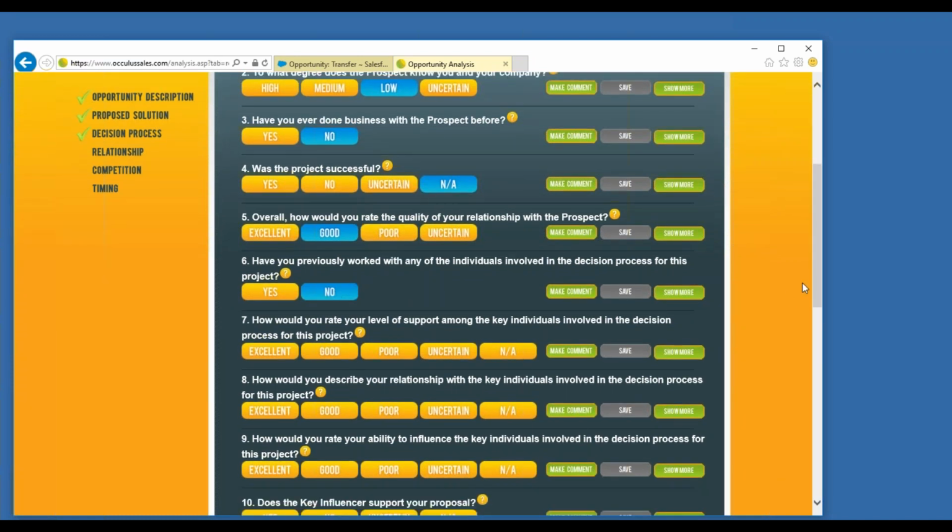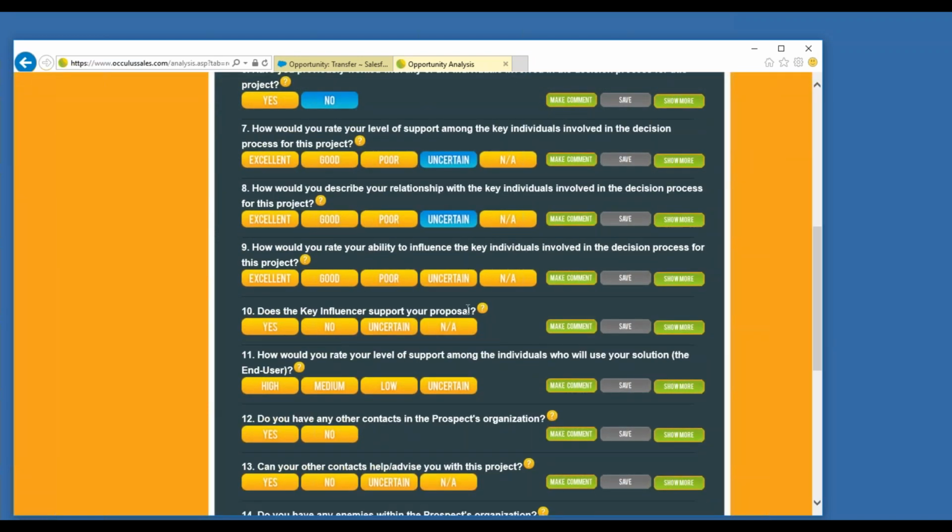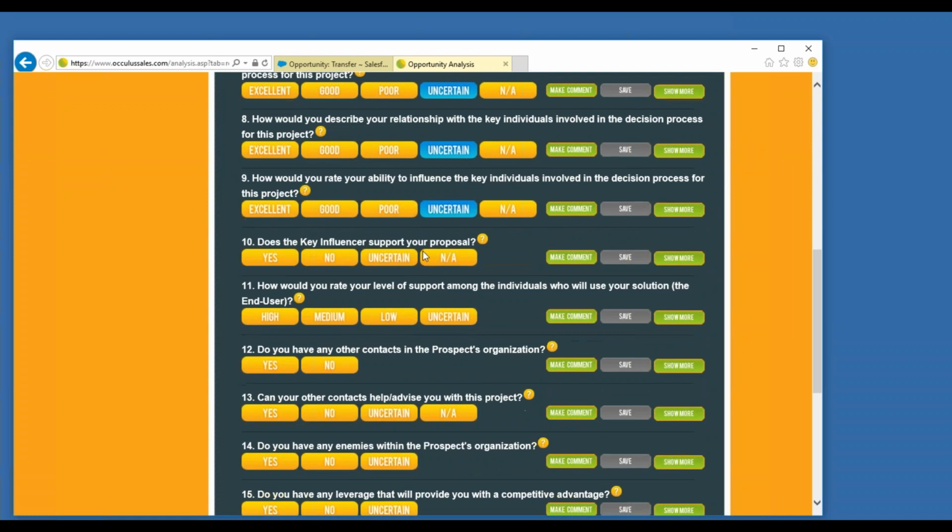I've never worked with any of these people before. How would I rate my level of support among the key people in the decision process? I have no idea. And how would I describe my relationship with them? I haven't met them, so I have no idea. And what would be my ability to influence these people? I have no idea. So does the key influencer support my proposal?